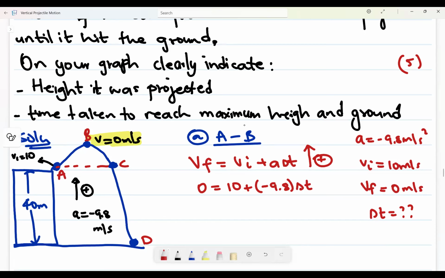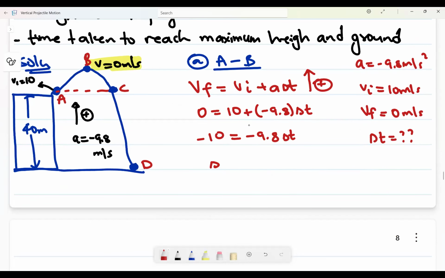Then when I take 10 to the other side, it is going to be negative 10, equals negative 9.8 change in time. Then when I divide both by negative 9.8, my time will be something like 10 divided by 9.8, something like it took 1.02 seconds to reach the what?